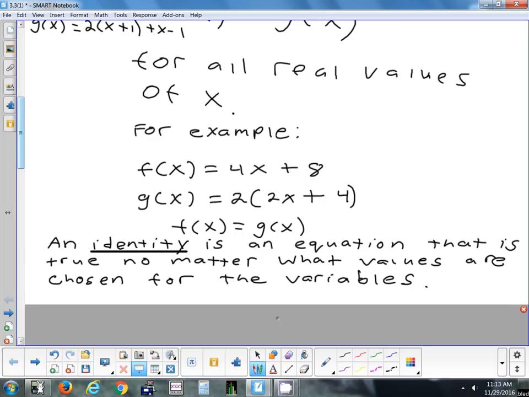So I got the same thing. So if I plug in 1, it's equal on both. If I plug in 2, 3, 4, whatever I plug in, you're always going to get the same value here and the same value here, as long as you plug in the same number for both x. So that's the idea of an identity. It's something that's always true, no matter what number you plug in.